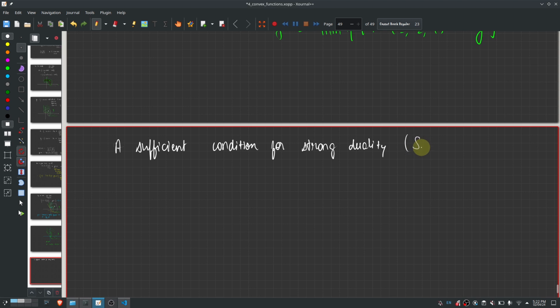This is called Slater's condition. And it states the following.